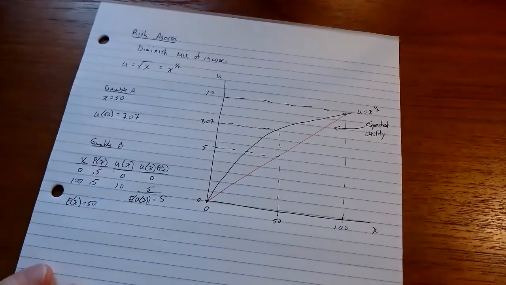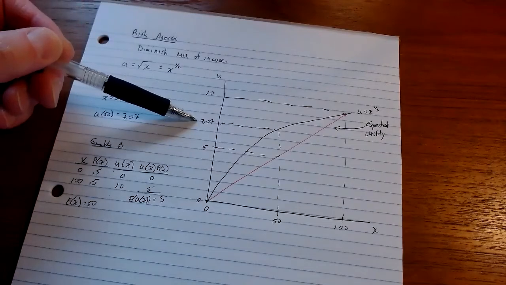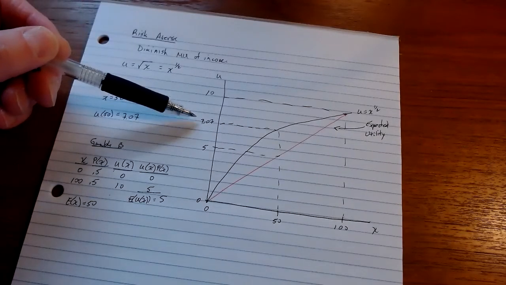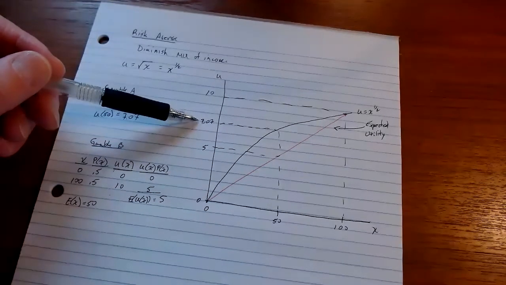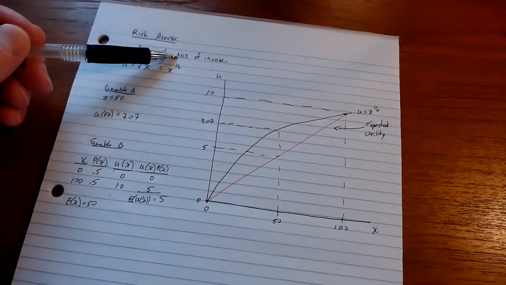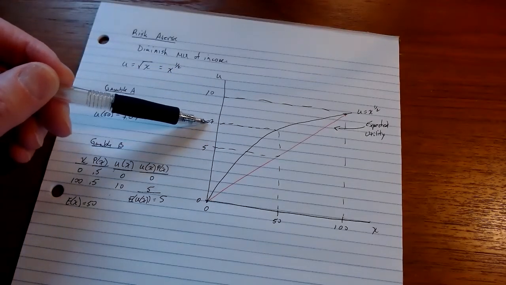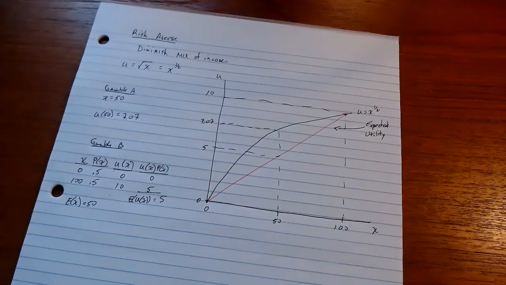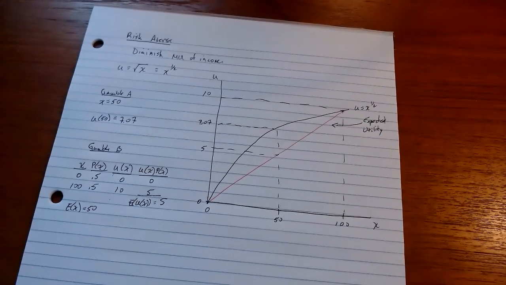And so given a choice of a gamble with a certain $50 payoff or a gamble with an uncertain payoff but an expected value of $50, the consumer prefers the certainty. And so this risk-averse consumer prefers to avoid gamble B and would instead opt for gamble A if given the choice. This is a person who looks to avoid uncertainty.